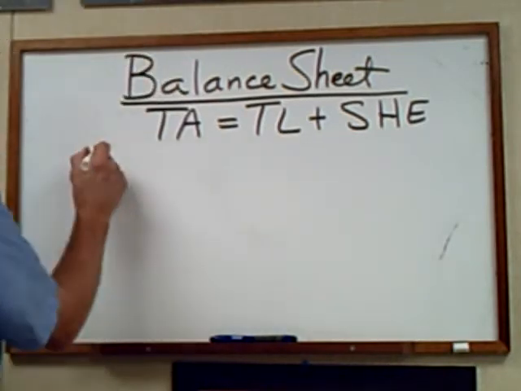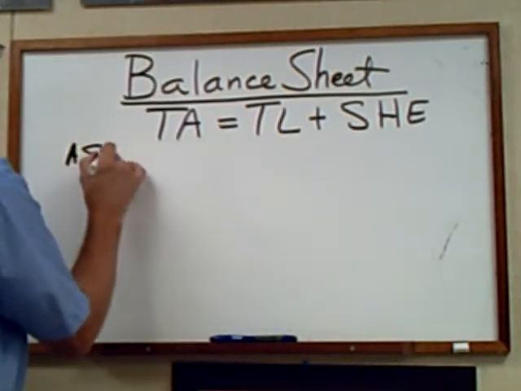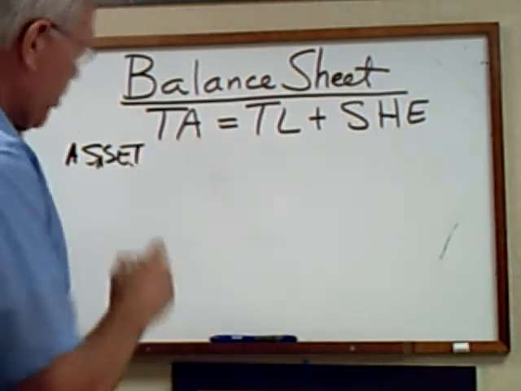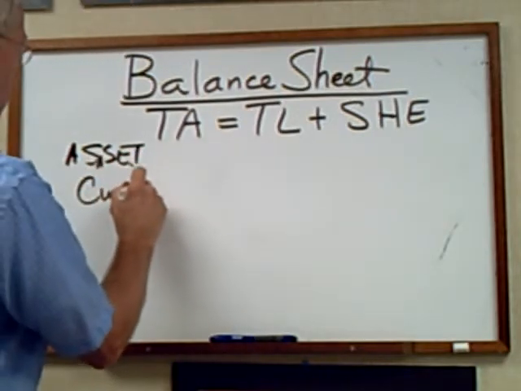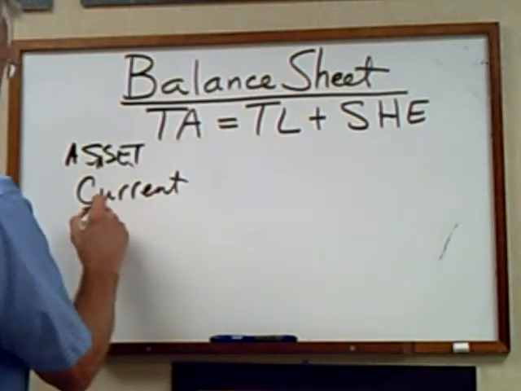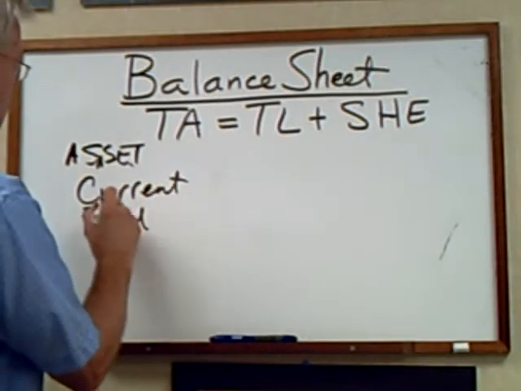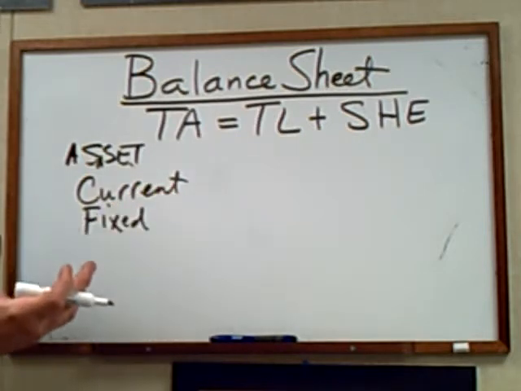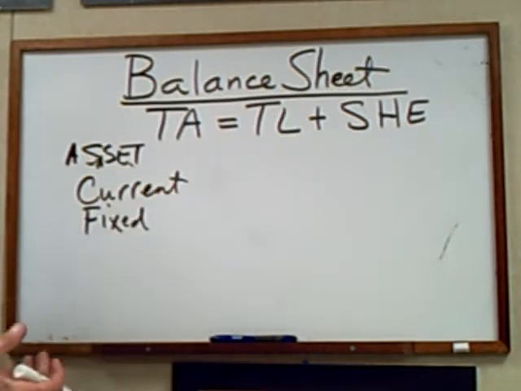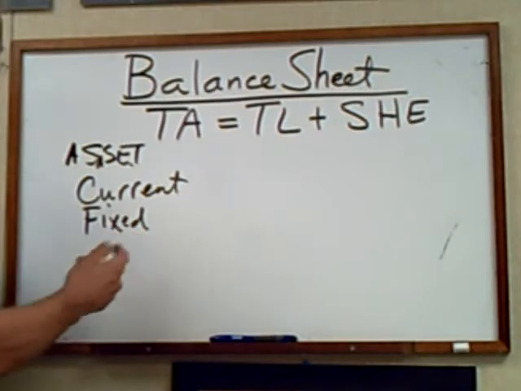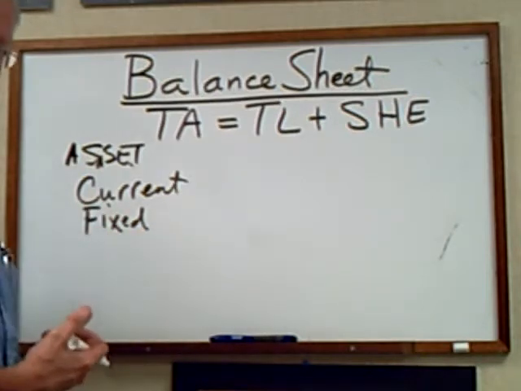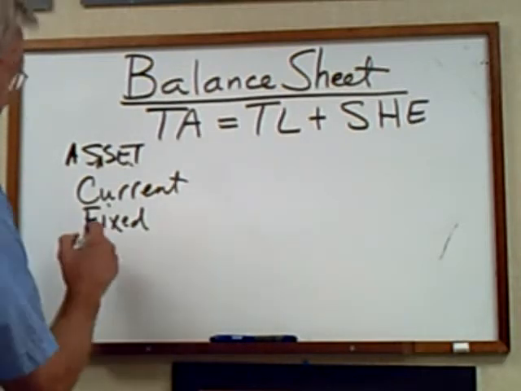Under the asset side, we have current assets and fixed assets. Current assets are assets that can generate cash in the near term, and fixed assets are things that are a little more substantial, such as the factory or the building.